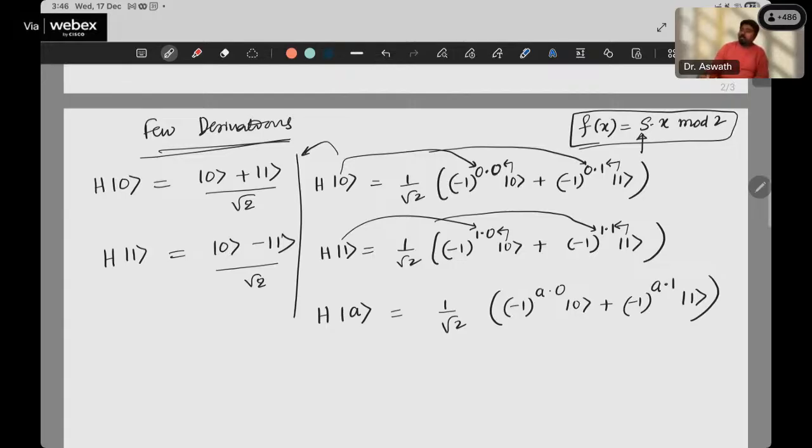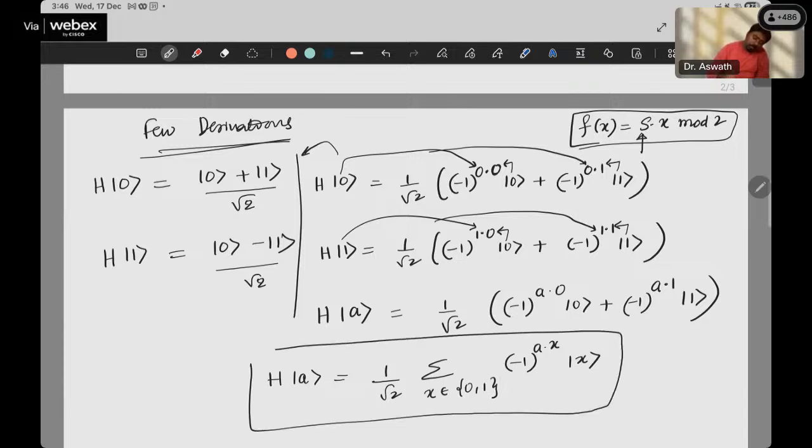I am a little lazy, I don't want to write two terms, so I'll write it as one term on the right: 1 by square root of 2 summation over x belonging to 0 comma 1 of minus 1 to the power of a into x, x ket.